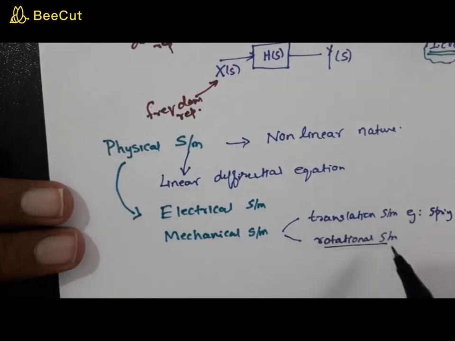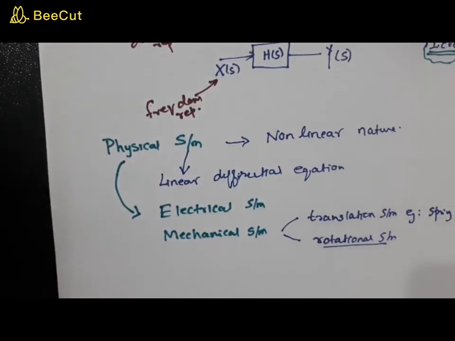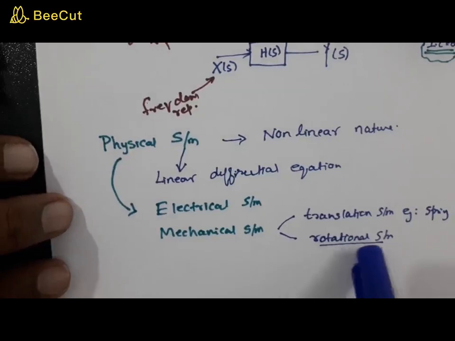In the case of a rotational system, say for example a gear system, or a stepper motor, all motors, servo motors, the armature is rotating, right? So there is a rotational motion. Such mechanical systems we call rotational systems.